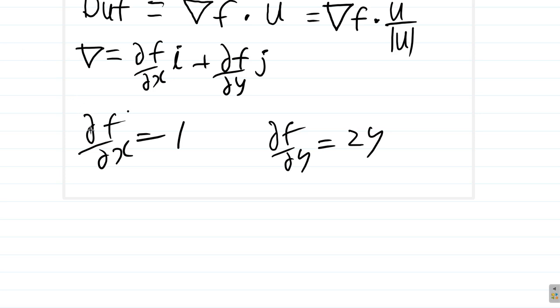So we write nabla f, the upside down triangle. Sometimes they call it del. Nabla f in this case is going to be i plus 2yj.